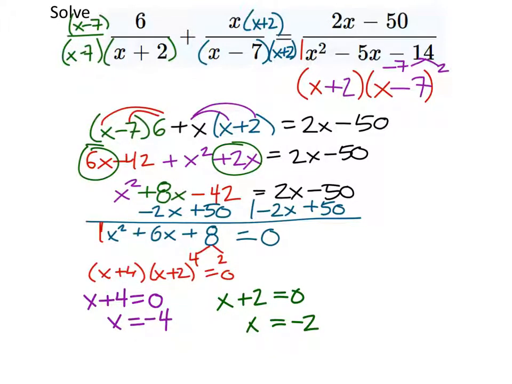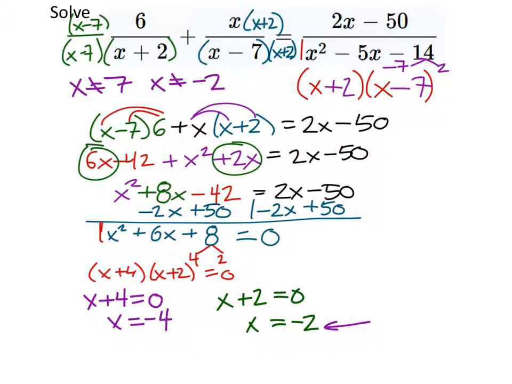But we have to be careful, right? Because this is the problem we've been waiting for. In the original domain exclusions, we saw that x could not equal 7, but also that x cannot equal negative 2, which is shown right here.